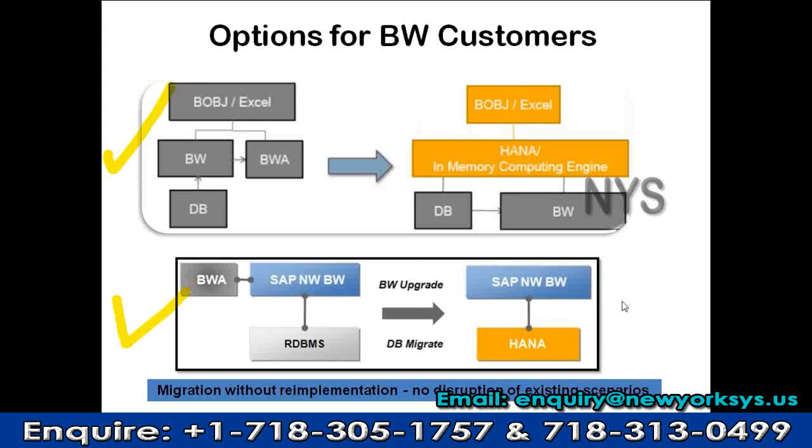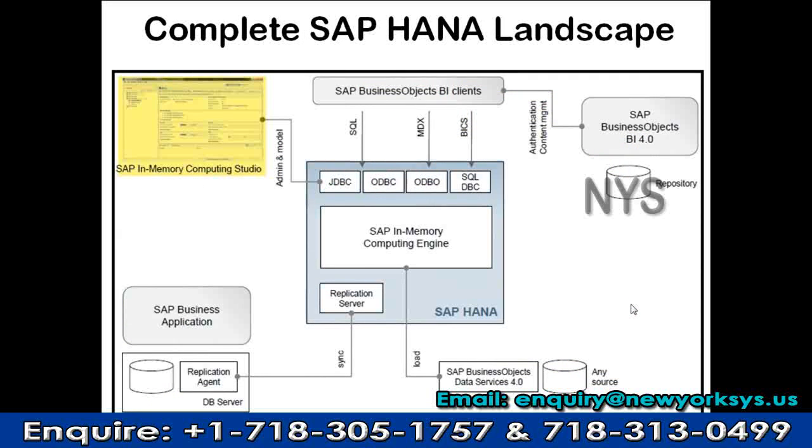Now, if you want to understand at a high level what a basic SAP HANA landscape looks like, this is your HANA appliance. We are going to use one client software, SAP HANA Studio, also called in-memory studio or information modeler.